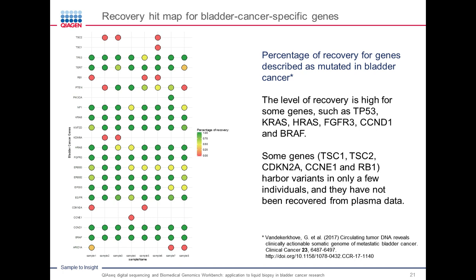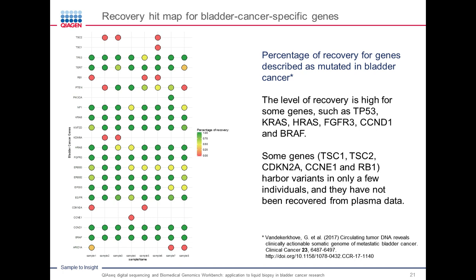Here you can see that the level of recovery is high for some important genes like TP53, KRAS, HRAS, BRAF. For other genes like TSC1, some cyclins, RB1, which are known to be associated to bladder cancer, they harbor variants only in a few individuals, and we don't have a good level of recovery from the plasma data.